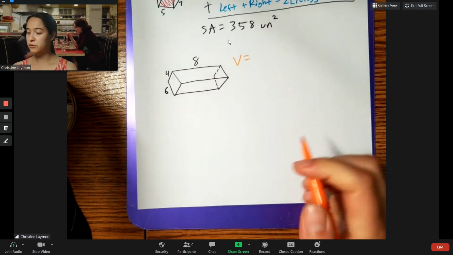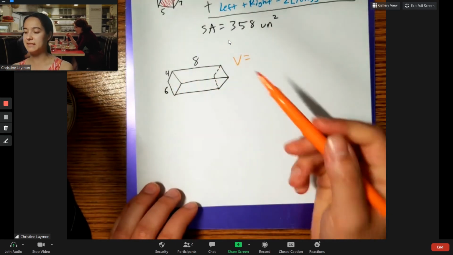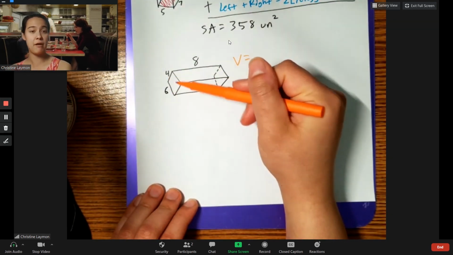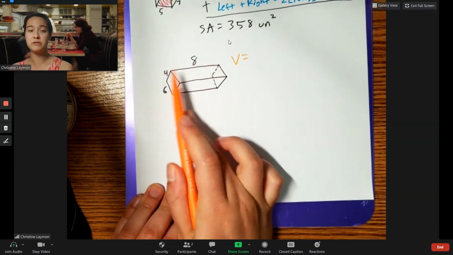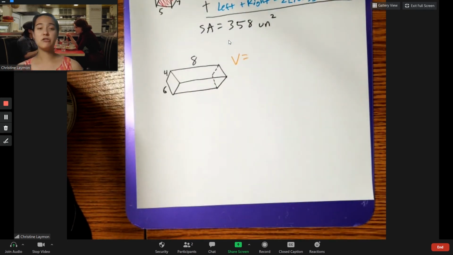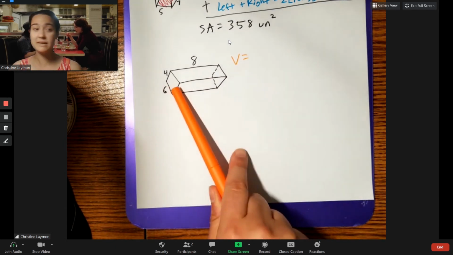So my volume, in this case, let's say that 4 times 6 is the area, the base, and 8 is that other dimension, that height. Now, you might say height, it's going horizontally. Well, instead of height, you could think about it as depth if you wanted. That's another phrase we use. Think about it as I have a slice of bread. I have a loaf of bread, actually, and 4 times 6 are my slices.